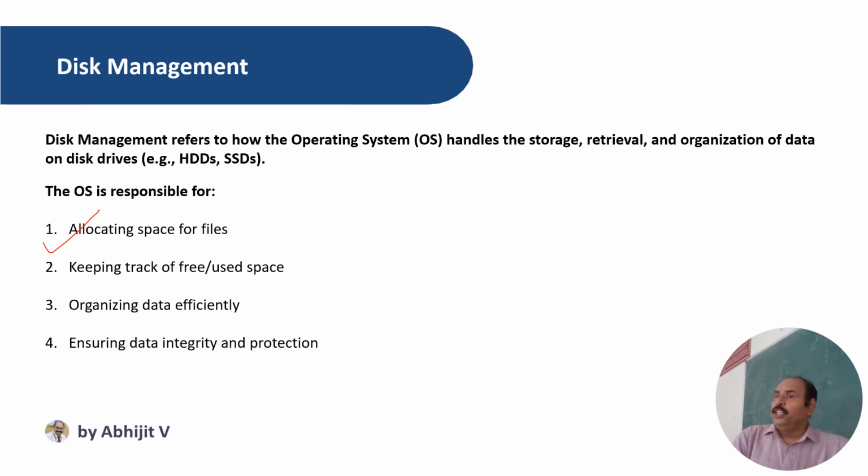It can help in organizing the data or files more efficiently. And it can protect the data also. You can use protect mode and keep the data locked. All these functions are done by the operating system.